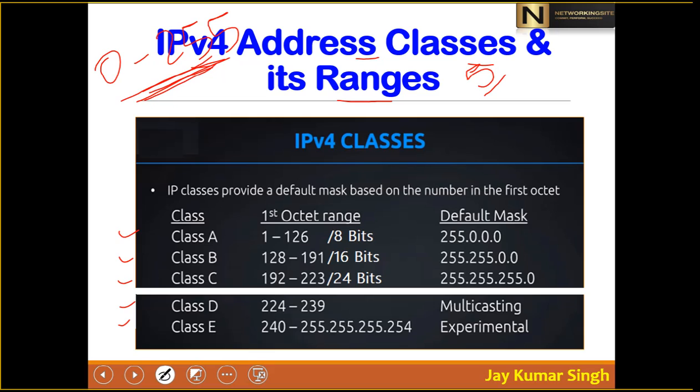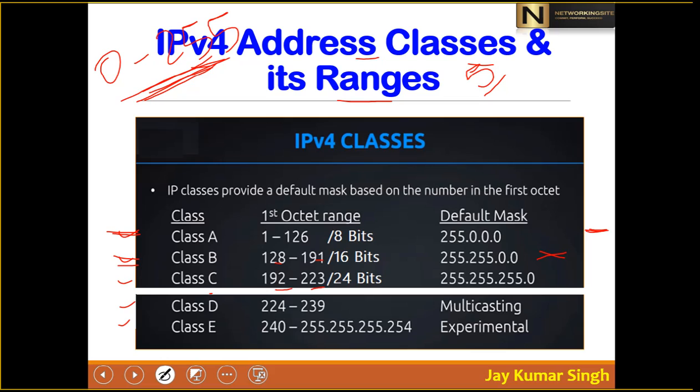So from 1 to 126, they have kept these addresses in class A. From 128 to 191, these addresses they have kept in class B.